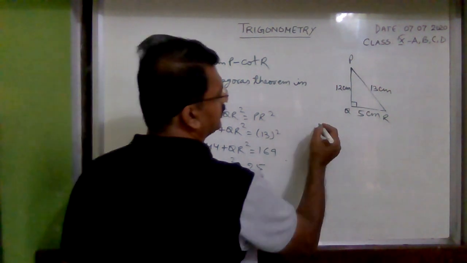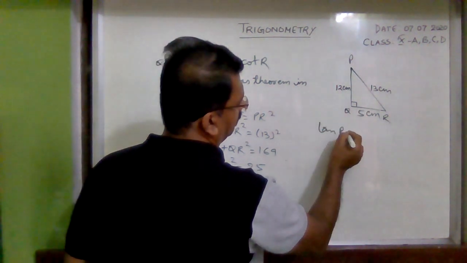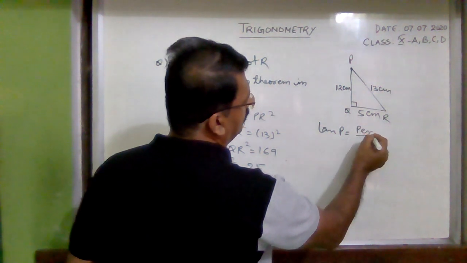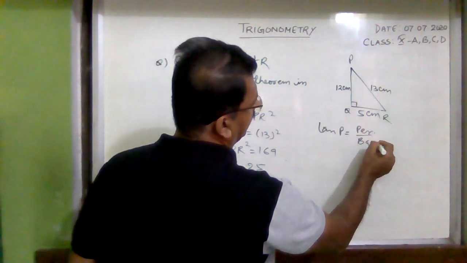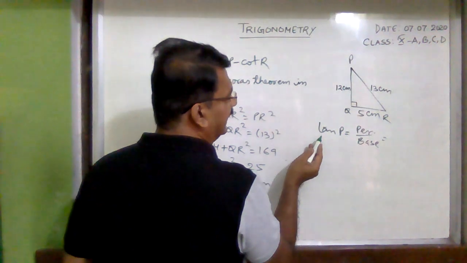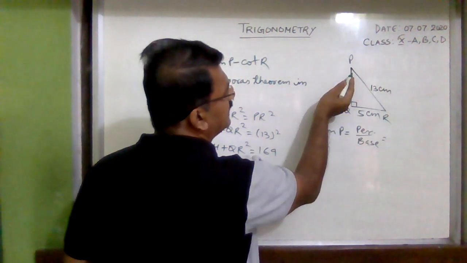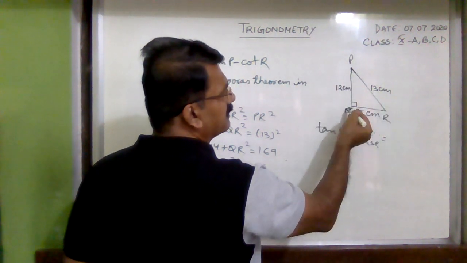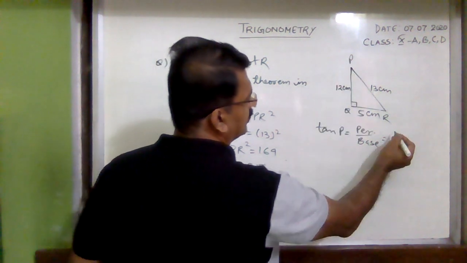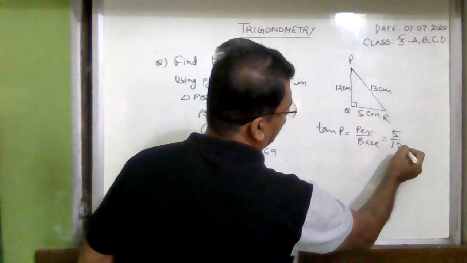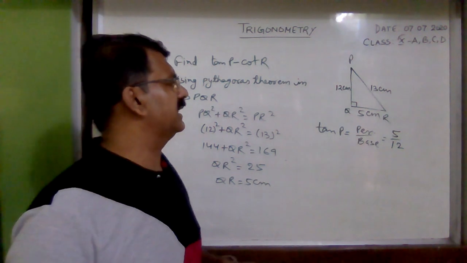Now see, first of all I am going to find tan P, that is perpendicular upon base. When I am writing tan P, that means P is the reference angle. So this becomes perpendicular and this becomes base. So it is 5 by 12 because the perpendicular is 5 and the base is 12.